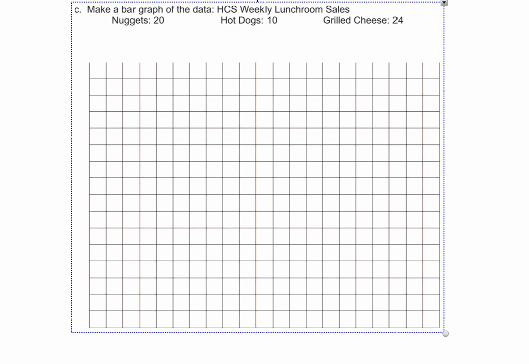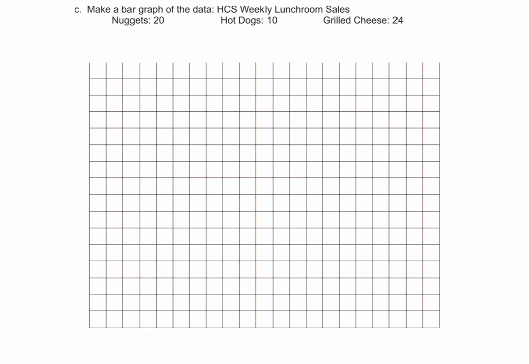Okay, so what are you going to do with this? First off, you got to decide on a scale. And I need to decide where my left corner is going to be. I'm looking at this thing, and I'm thinking I'm going to put my left corner right here. I'm just going to put a little bit there to mark my left corner.